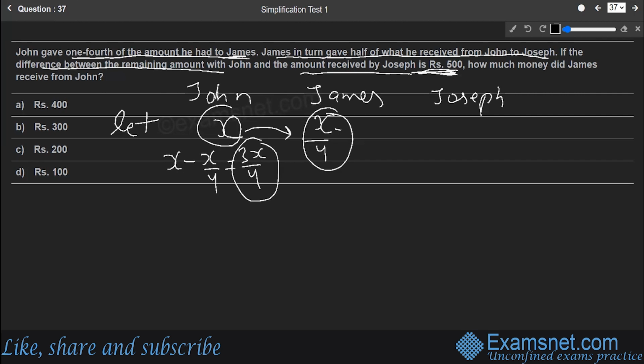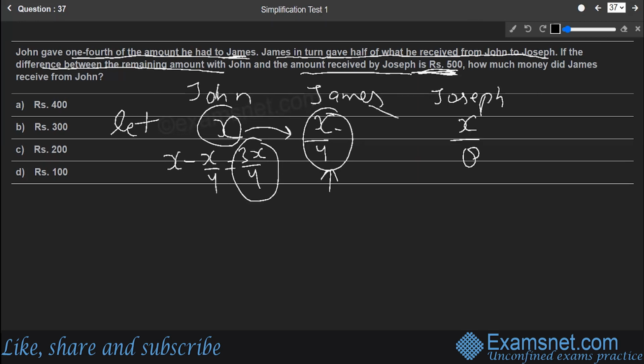Earlier he had X, and James has received X by 4. Then the question says James in turn gave half of what he received from John to Joseph. So half of X by 4 should be given to Joseph. What is half of X by 4? Clearly X by 8.